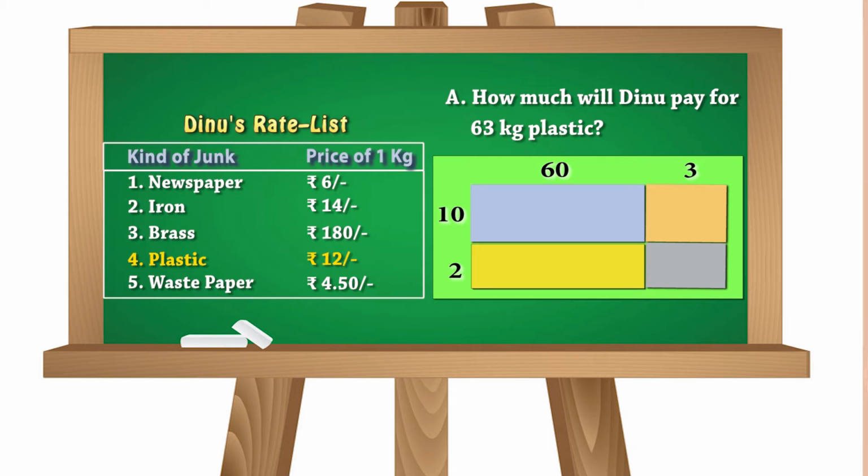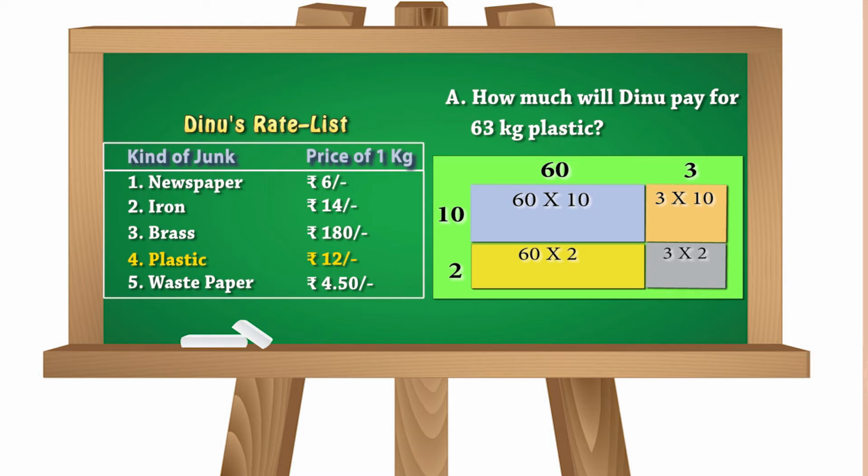The rate per kg of plastic, rupees 12, is split into 10 and 2. If we cross multiply them, using all 4 numbers, all 4 boxes are occupied. Now, 60 into 10, 3 into 10, 60 into 2, 2 into 3.